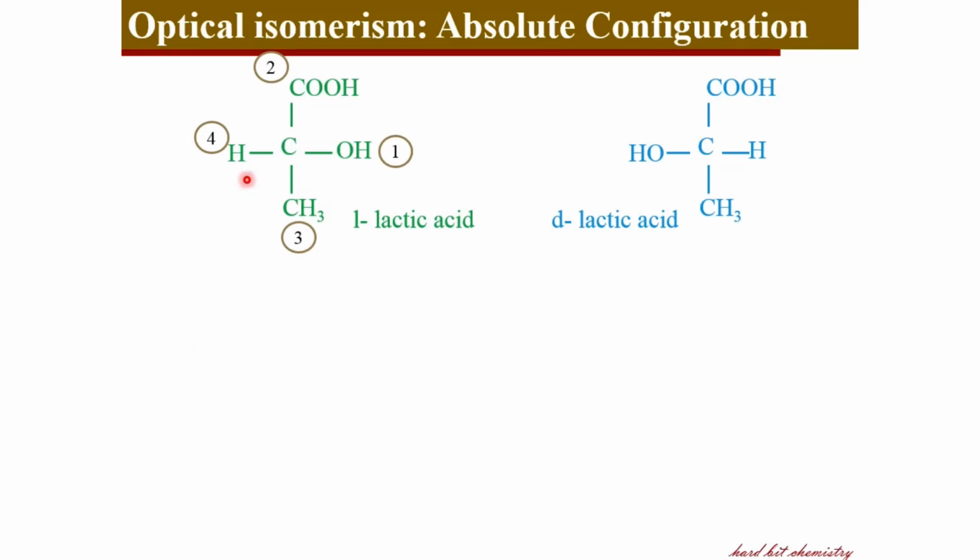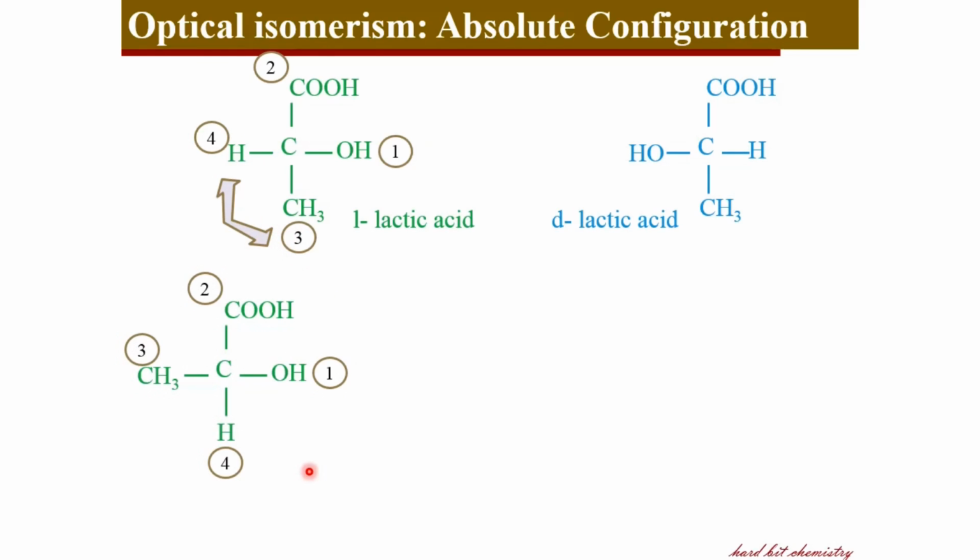Now the next step is to bring the hydrogen down here with an exchange between the methyl group and the hydrogen. You need to do one more exchange to make the new structure identical to the original structure. Here I selected exchange between these two groups, the methyl group and the hydroxyl group. You can also select between methyl and carboxylic or carboxylic and hydroxyl, whatever.